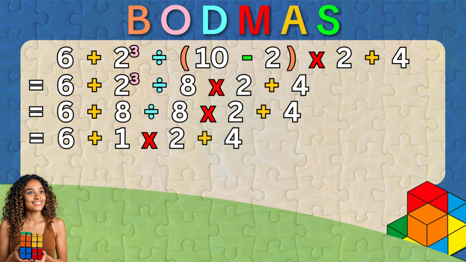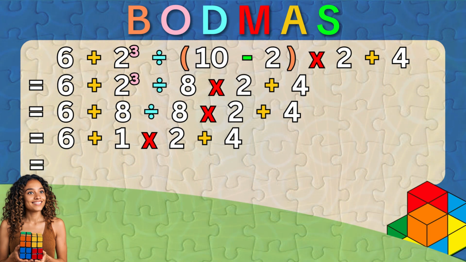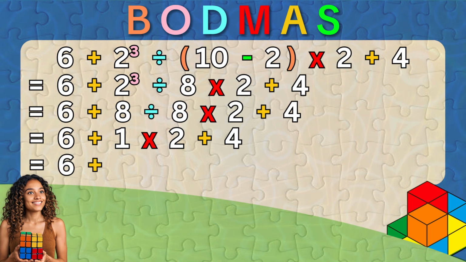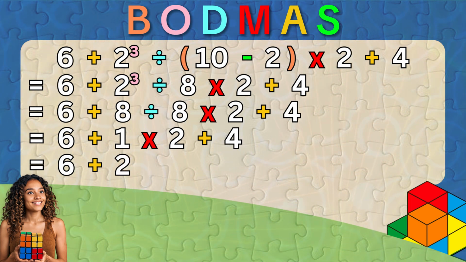The next operation to take care of is the multiplication, so let's operate on that one. Again, we'll write down 6 plus, and let's do the multiplication. 1 times 2 is 2, and we'll write that in along with the remaining part of the sum.